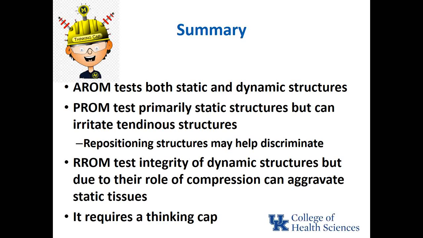Resistive range of motion is going to help you identify tendinous, musculotendinous damage, and to what degree will depend on how weak they are. Pain obviously has an influence on that. So some people have a lot of pain perception or pain experience that will limit their ability to generate much force until the pain goes down. So that can be a tough separation.